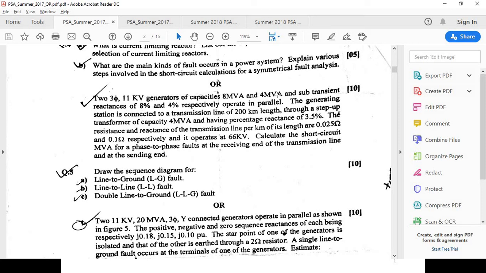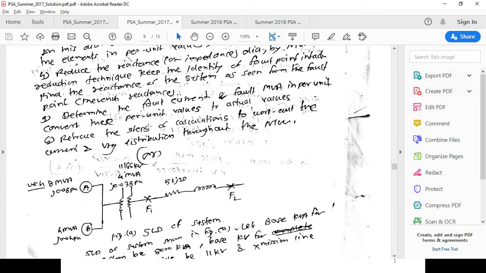The generating station is connected to a transmission line of 200 kilometer length through a step-up transformer of capacity 4 MVA and having percentage reactance of 3.5%. Mostly in such numericals, try to draw the diagram so that you get clear data. So here two generators are connected in parallel and they are connected through the transformer and transmission line.